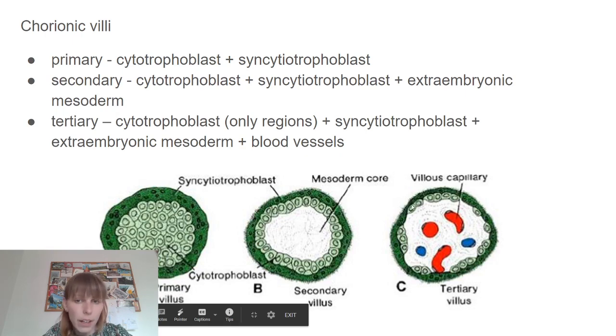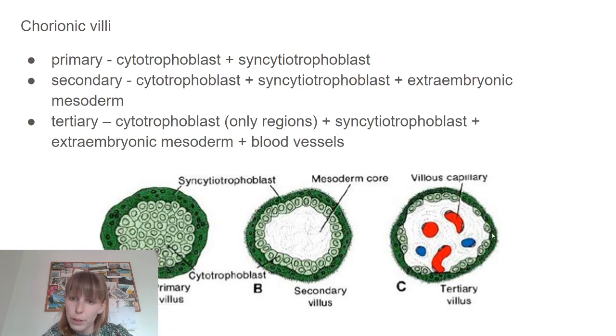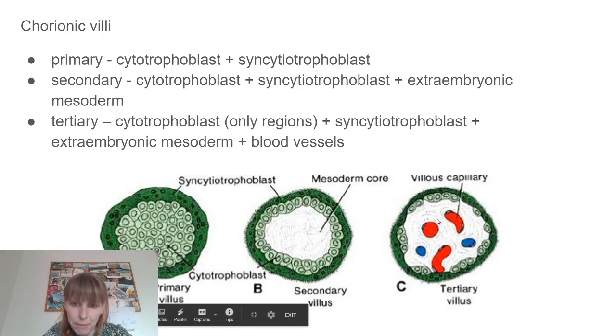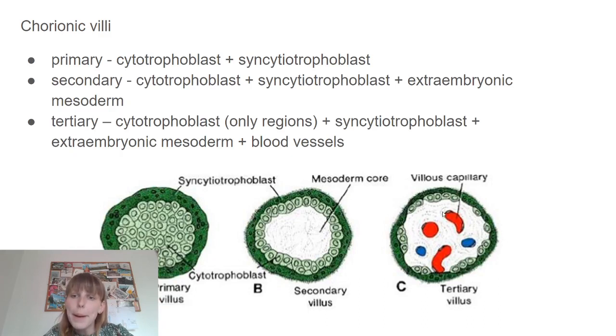You will still have the syncytiotrophoblast, the darker green one with more nuclei in the cells. You will still have extra embryonic mesoderm, the mesoderm that is not going to become part of the embryo, and inside it you start seeing capillaries. And these capillaries will contain the blood of the fetus.